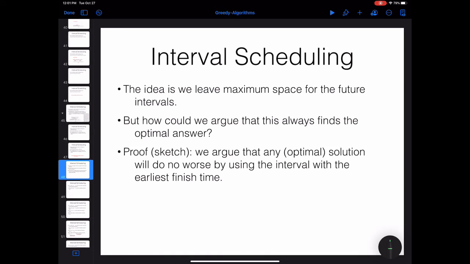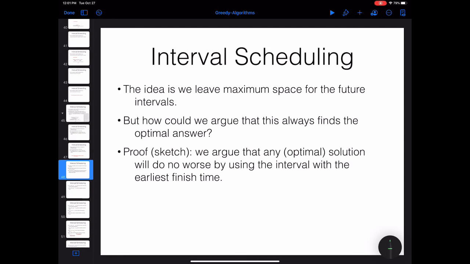By taking the job that finishes earliest, you are leaving more time for the rest of the jobs to be taken. It's just like you are thinking about the time in a linear format, right? You start from the first, and you choose a job. If you choose the one that finishes earliest, you are going to leave more time for the rest.